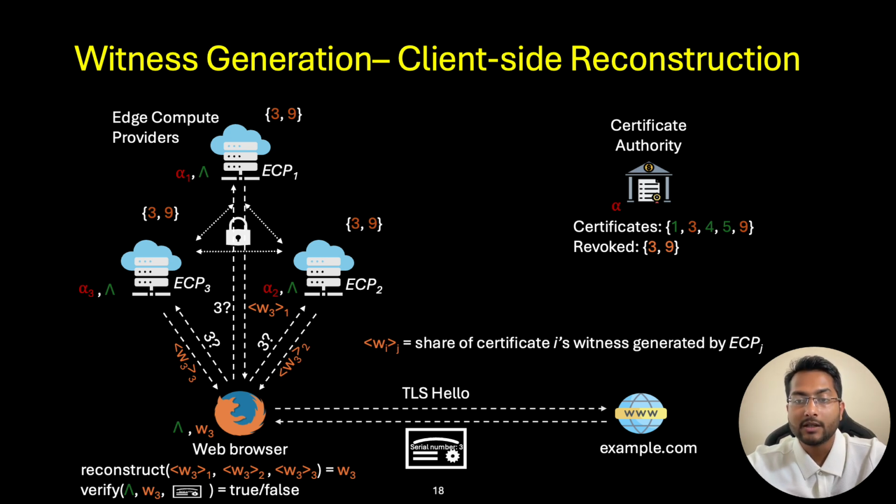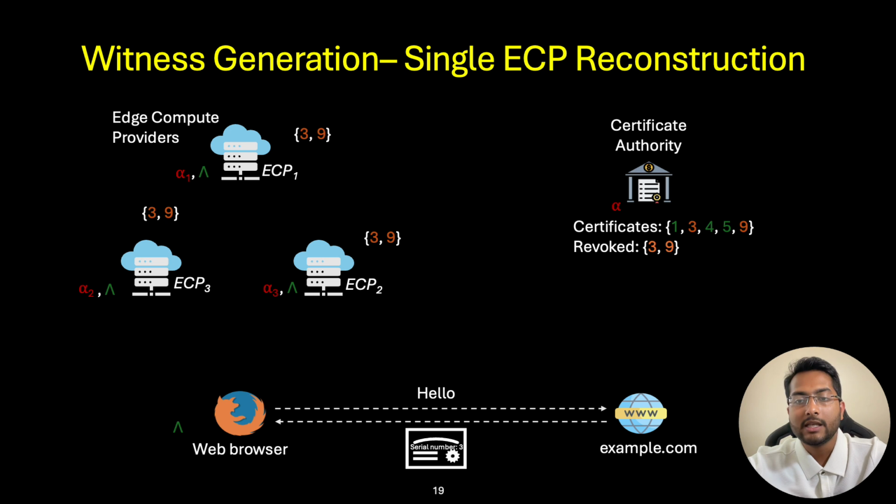If you think this is too much for the client, getting all the shares by making requests, one of the ECPs can actually collect all the witness shares and reconstruct it on behalf of the client. And it can send the reconstructed witness to the client. As you can see here, the client makes a request to a single ECP, for example ECP3.